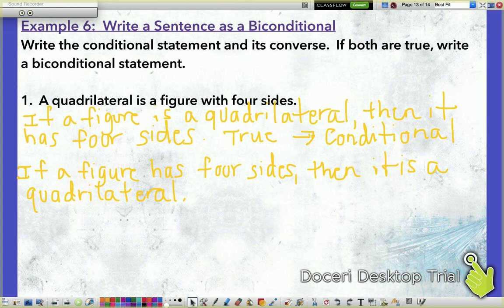Okay? The word quad means four. Okay, so that's true. And that was our converse.